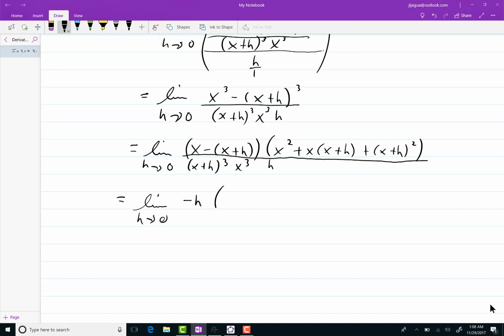And I'm going to leave the other stuff alone. x squared plus x times x plus h plus x plus h squared, and all of that is over x plus h cubed times x cubed h. Let me fix that little cube down there if I can.